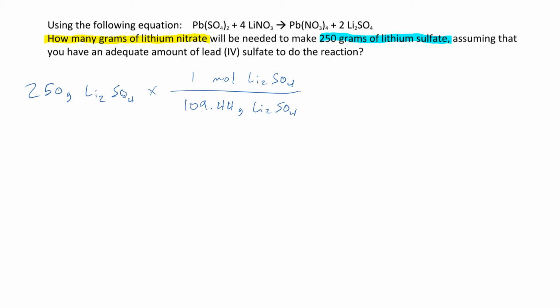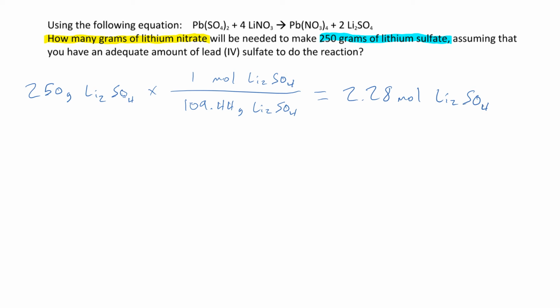Basically, you add up the mass of 2 lithiums, 1 sulfur, and 4 oxygens. And when you add that whole thing up, you get 109.44 grams. Alright, so this tells me that I have a total of 2.28 moles of lithium sulfate.